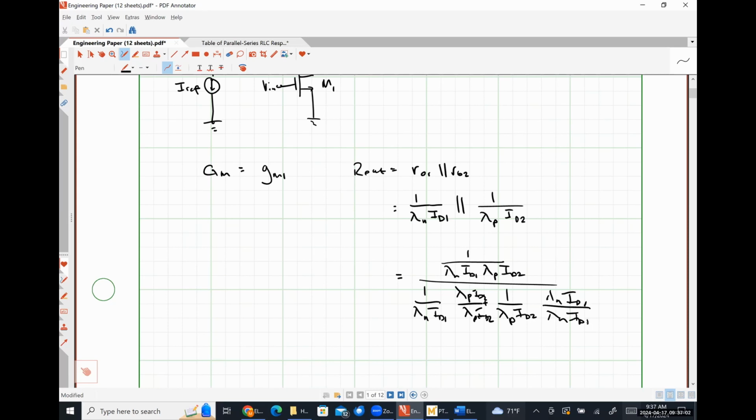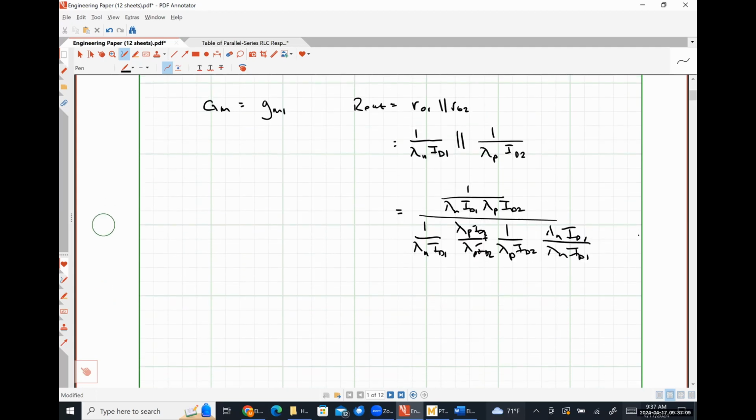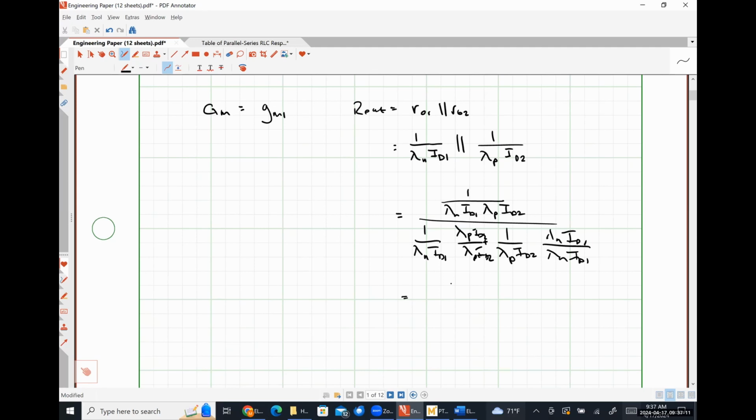So I wind up having a common denominator of lambda n ID1, lambda p ID2 through everything. And so all that shakes out to be 1 over lambda p ID2 plus lambda n ID1.